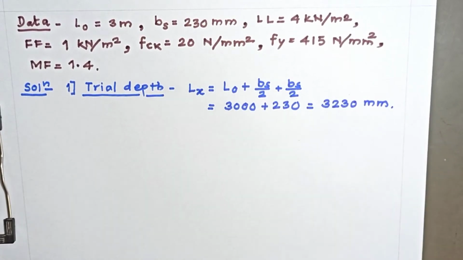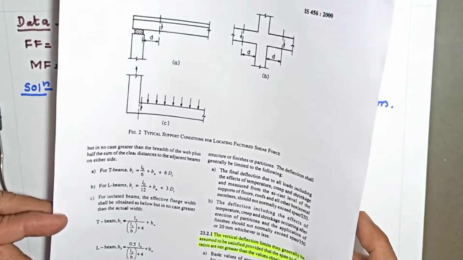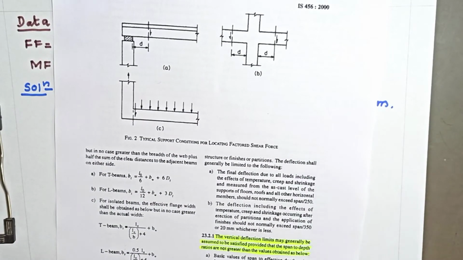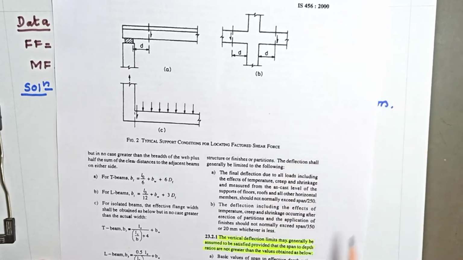Okay? Now, we have to find out the trial depth of the slab, and for that purpose, we will take the help of deflection criteria, that is basic L by D ratio. And what is that? That I will show you now. This is page number 37 of IS 456 2000. Here you can see the vertical deflection limits may be assumed to be satisfied provided that the span to depth ratios are not greater than the following values: cantilever 7, simply supported 20 and continuous 26.